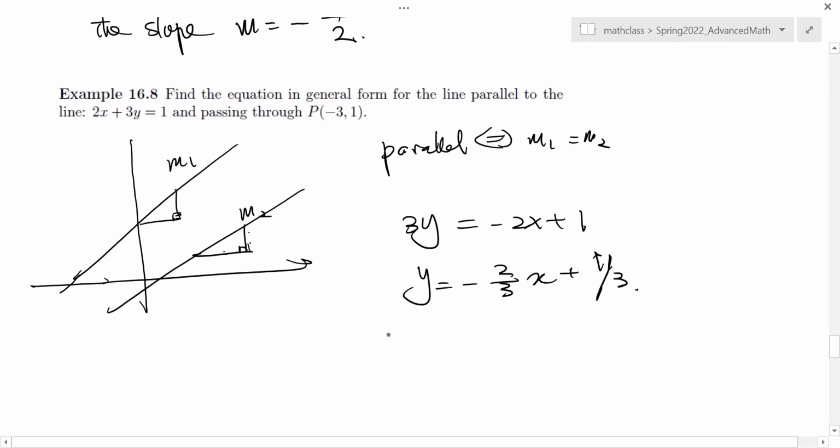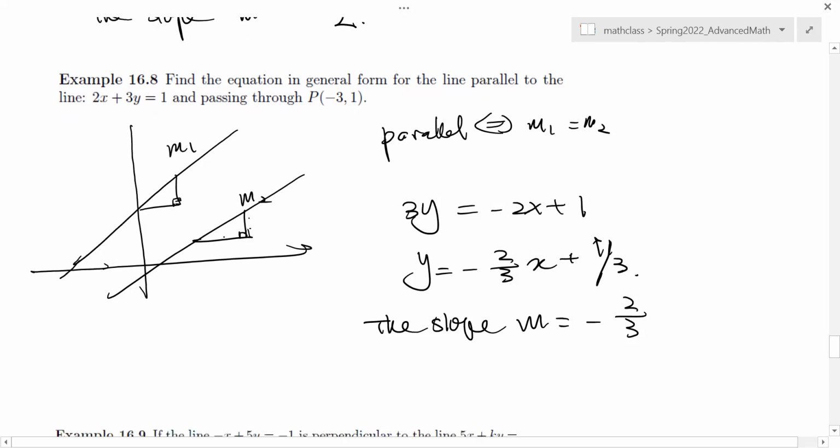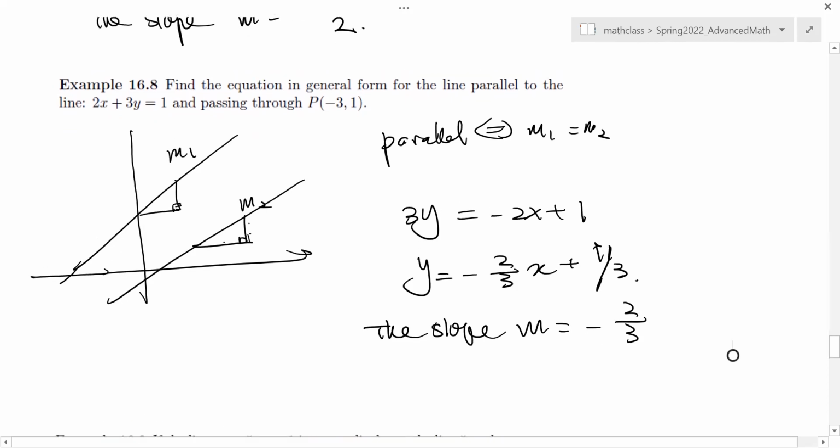From here, you get the slope of the given line. Since the two lines are parallel, the new line also has the same slope. You also know that it's passing through the given point, -3 and 1.